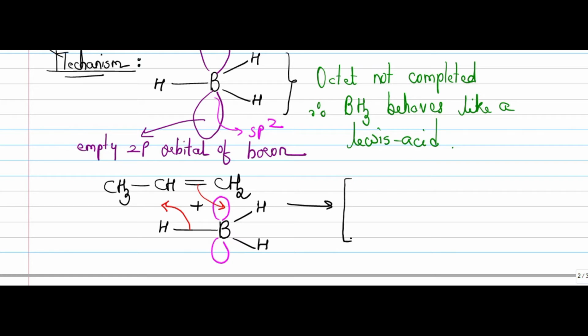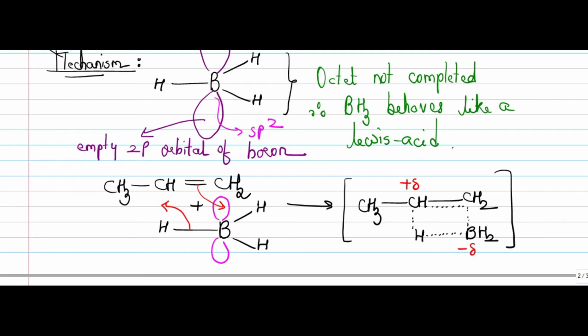Before we get the actual product, there is a cyclic transition state attained. Look at this, CH, CH2, BH2, H. There is more negative charge here, and positive charge here. This is the transition state, let me call it TS.